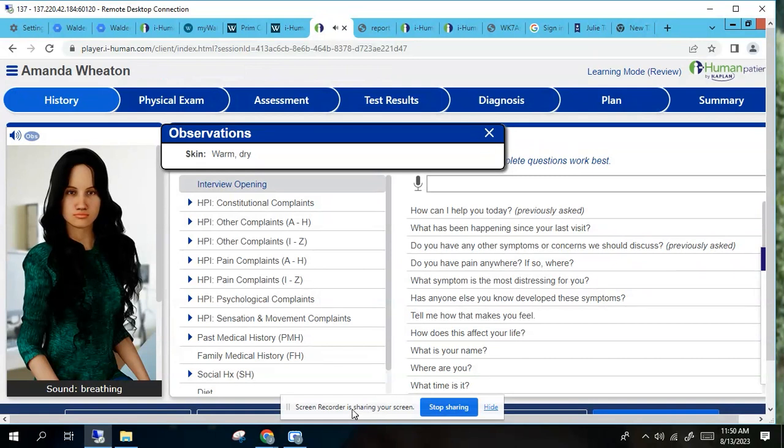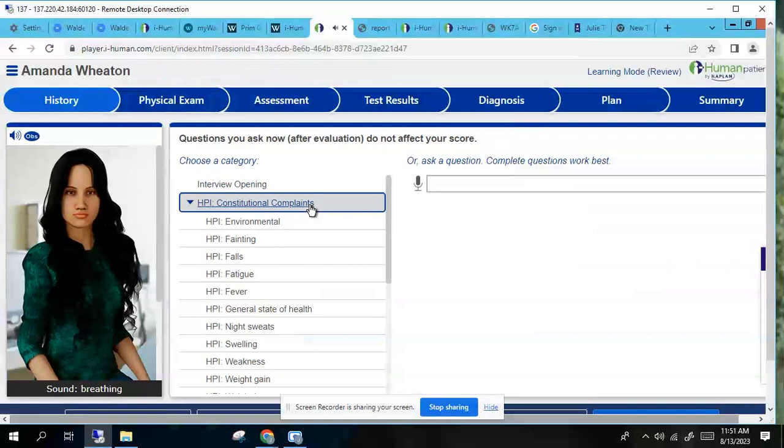For one, you can use this search button to just type in the question that you want. You can also use this microphone to speak by asking the question that you need. Or the third option is going through all of these actions and getting the right question that you need to ask.